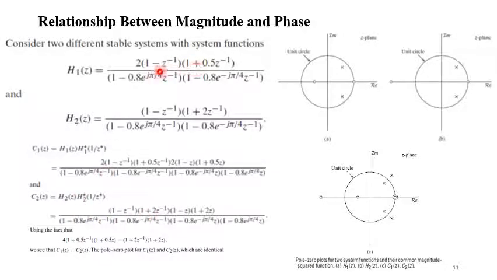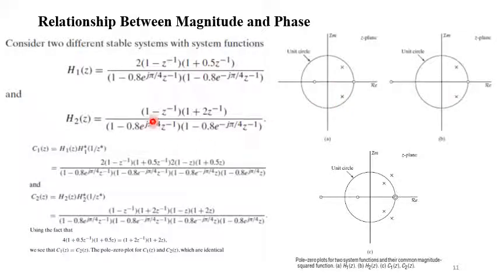So let's first see the poles and zeros of these two different systems. If we look at the first one, it has a zero at z equals 1, and it has another zero at minus 0.5, which is represented here. Similarly, they have pole locations which are the same, at this location and this one.